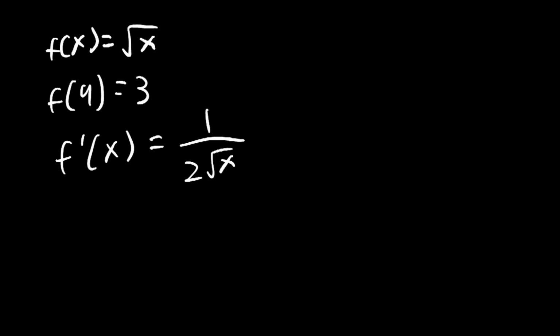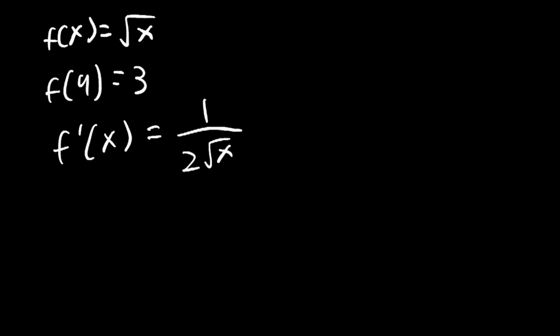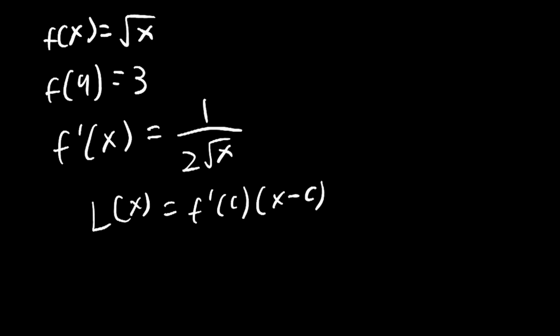Okay? And here's the formula that we're going to be using. L of x, which is the linear approximation of some number, is equal to the derivative times x minus c plus f of c, where c is just some constant, and it's the point that we do know.